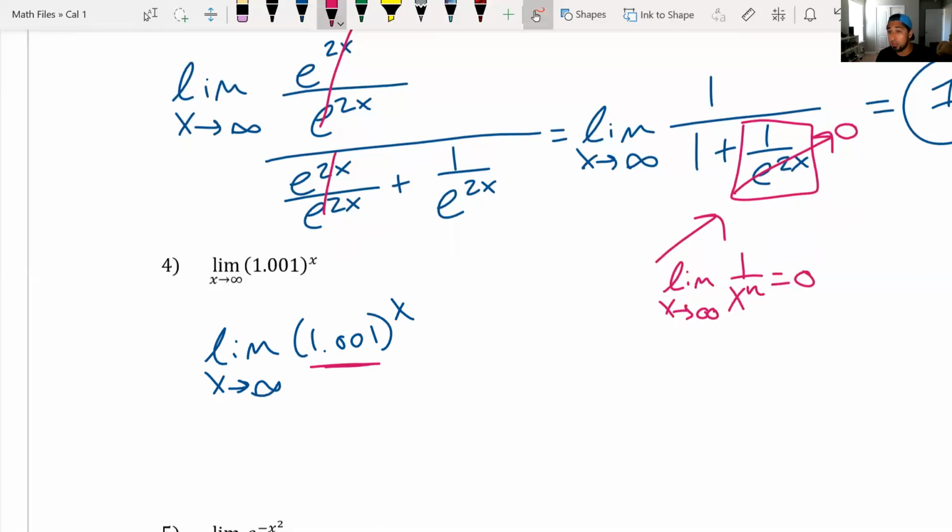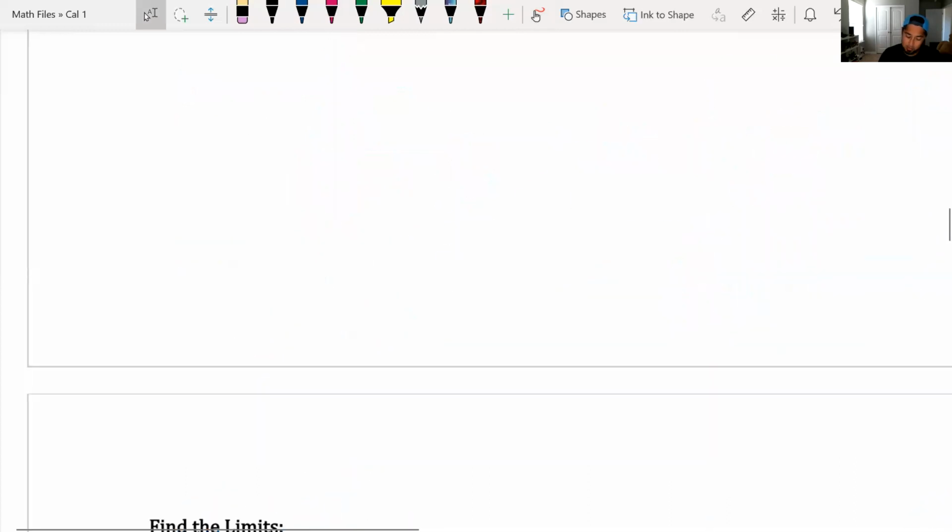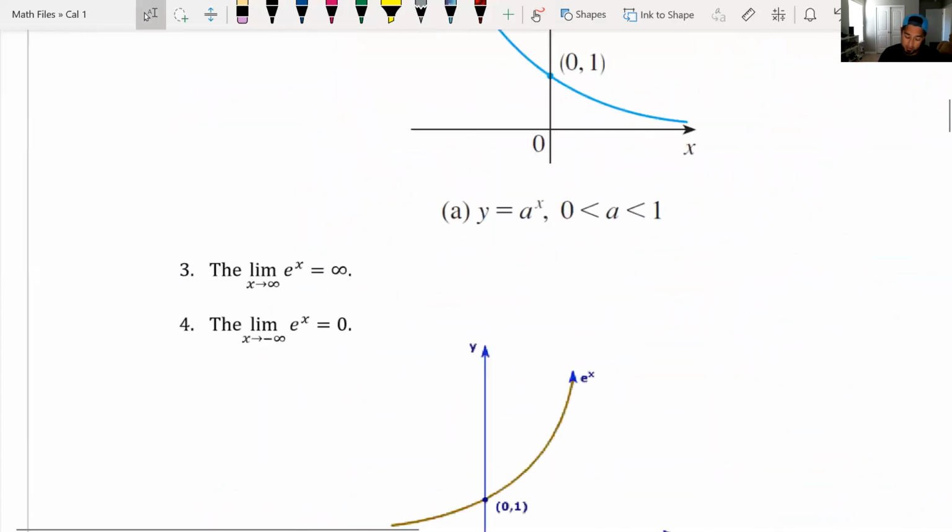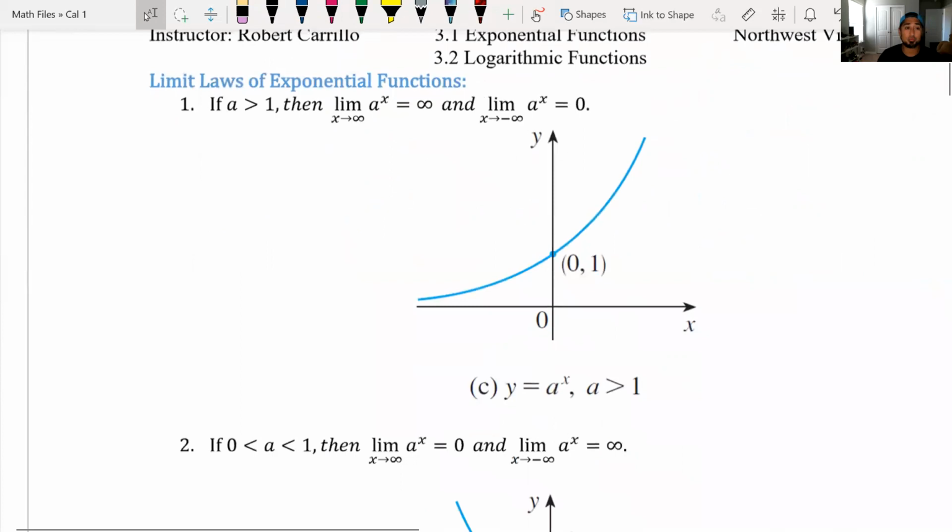And it's bigger than 1 by 0.001, which means let's go ahead and scroll up. This is going to be the first property. If our base is bigger than 1 and the limit is headed towards infinity, then our limit is infinity. That's it. As x is headed towards infinity, the limit will become infinity. There you go.